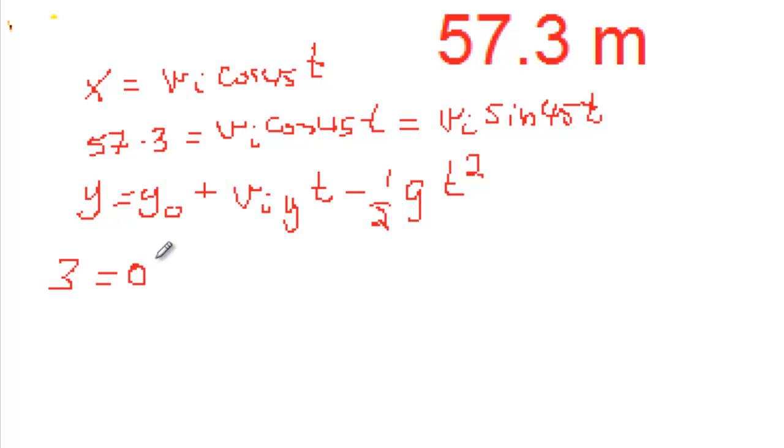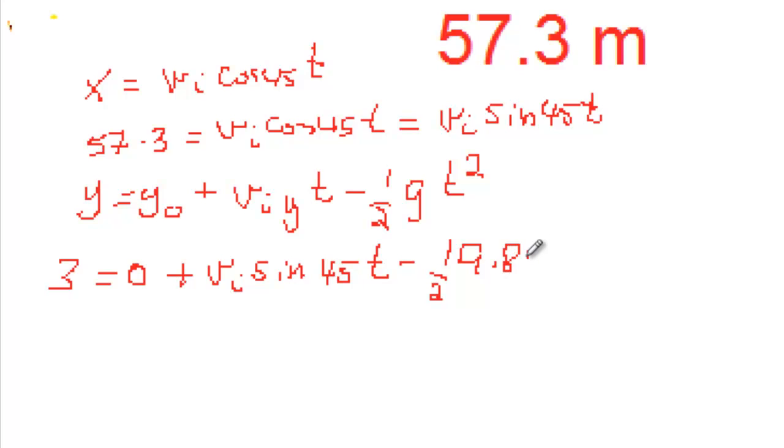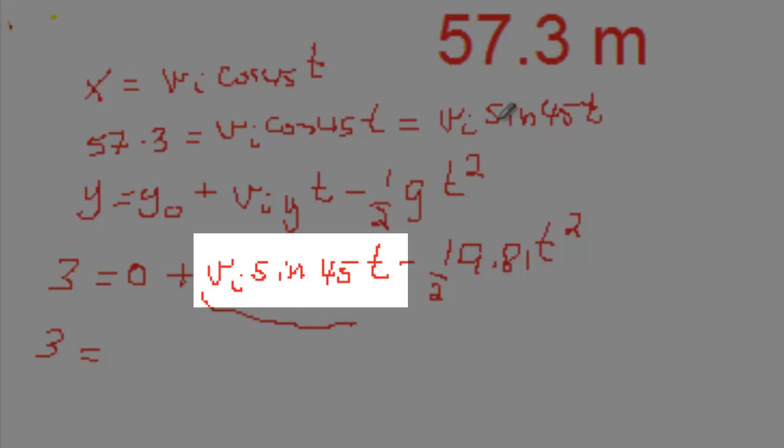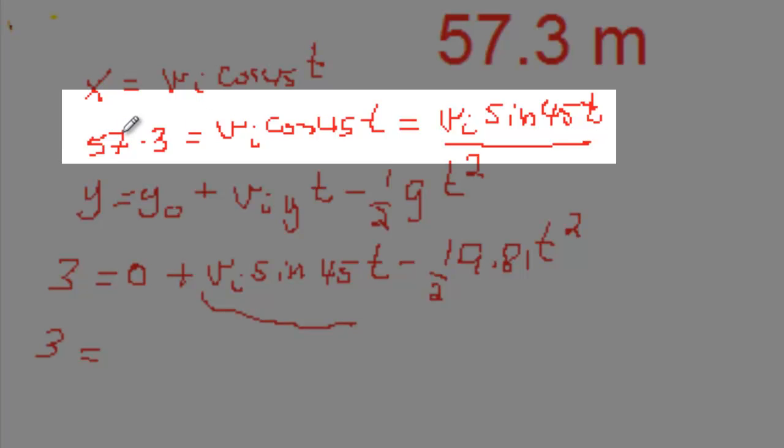Y initial is 0 plus the initial velocity in the y direction, which is initial velocity times sine theta, which is 45 degrees, times time, minus 1/2 acceleration of gravity, 9.81, times t squared. So 3 equals this term here, which is exactly this term, which equals 57.3 meters.